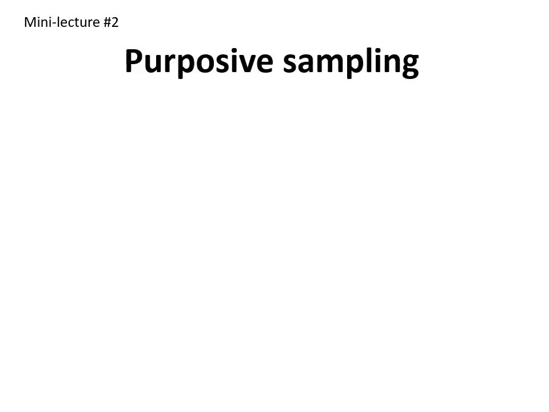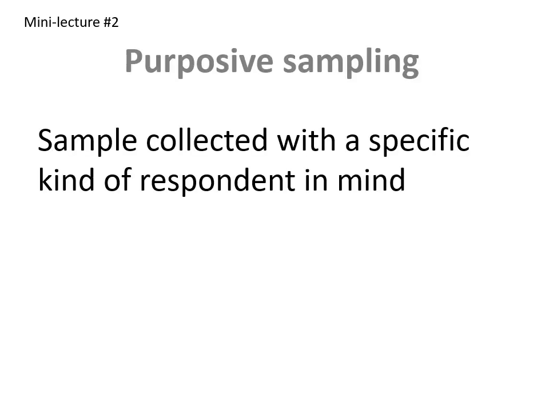Okay. Spiggart also talks about something called purposive sampling, and under this he lumps a couple of different ways to conduct non-random sampling. And the point of this is that the sample is collected with a specific kind of respondent in mind, though a respondent implies that it's a person.